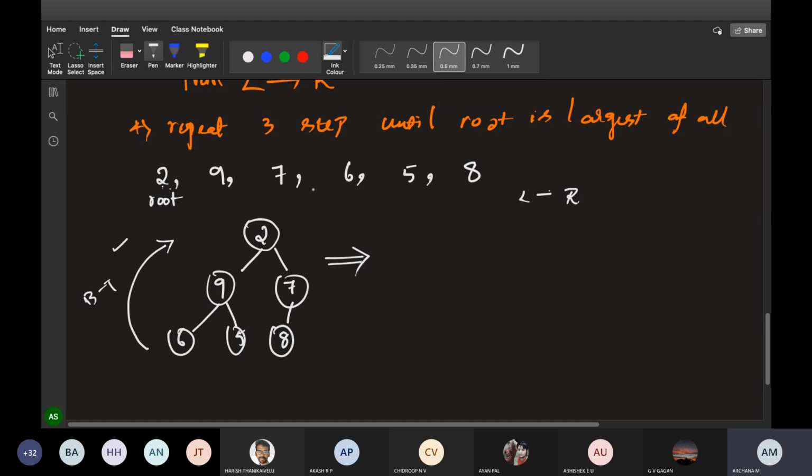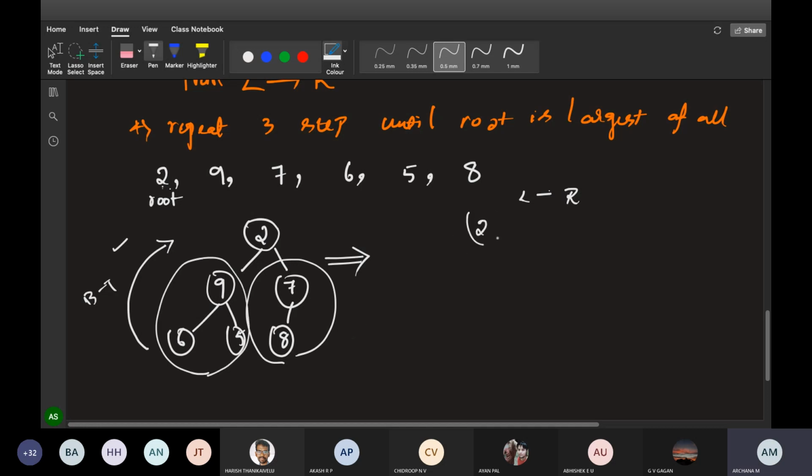From bottom to top we have to go. Don't come from top to bottom, from bottom to top. Whenever you are checking parental dominance, always complete this tree first, then move to the next tree. That is very important.